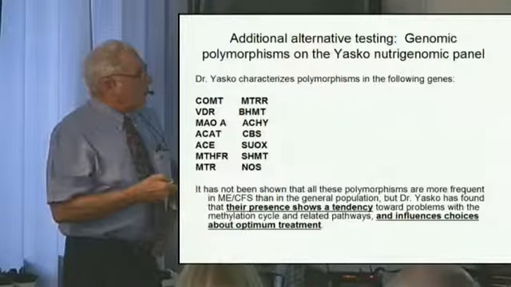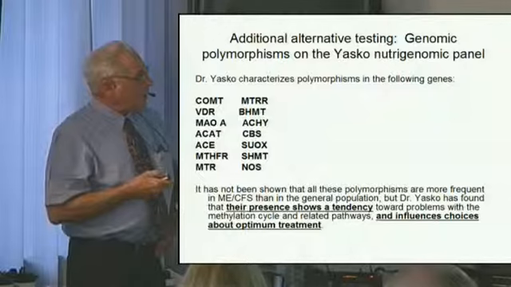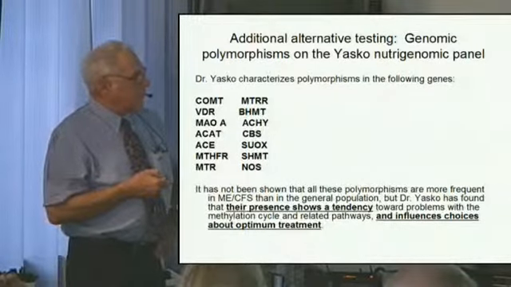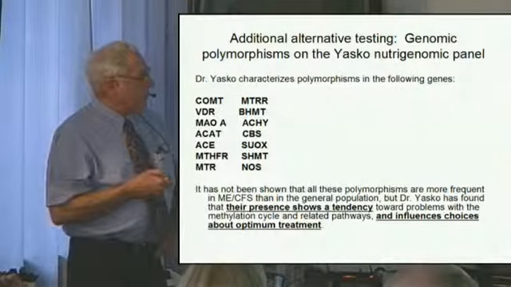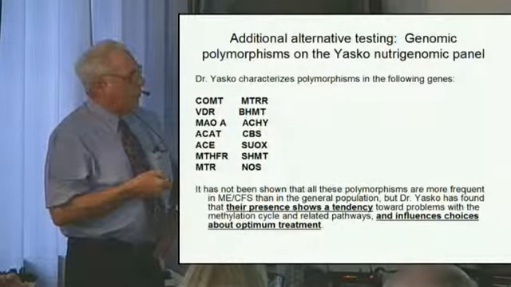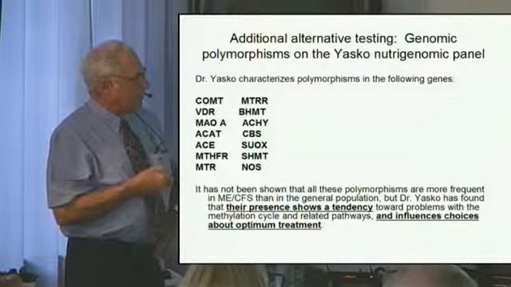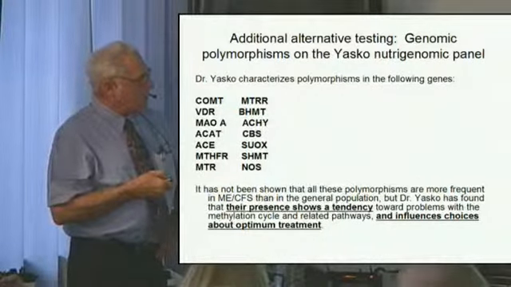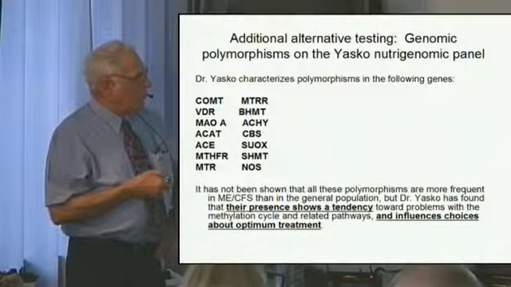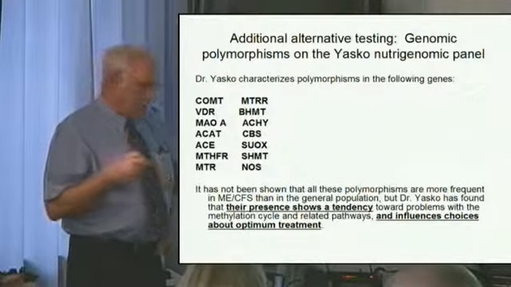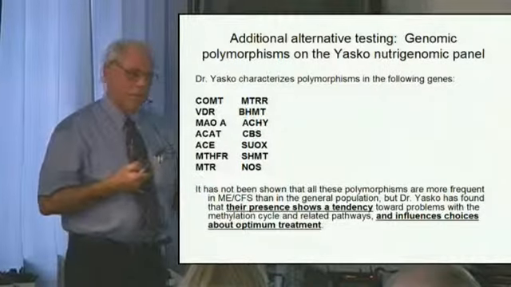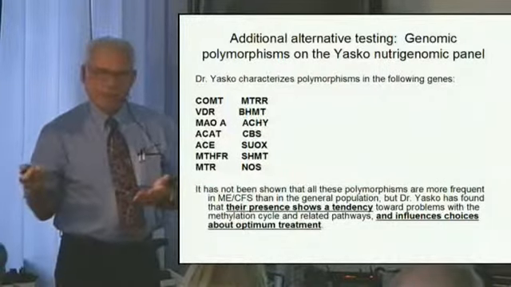Now, I mentioned earlier Dr. Yasko, and she evaluates 30 different polymorphisms in these genes. Some of them have more than one polymorphism, but these are the genes. As I mentioned, these have not been statistically analyzed to find out whether they are more prevalent in a person with chronic fatigue syndrome than in the general population.